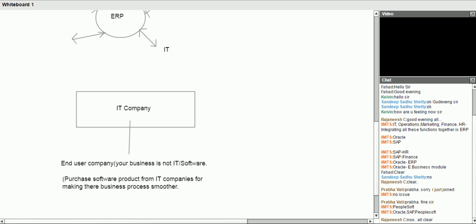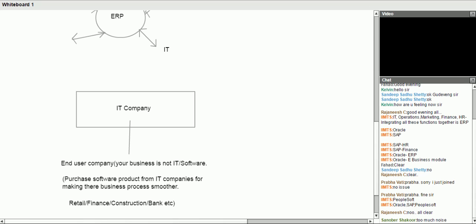So the end user may be any company. It can be a retail company, a retail chain, maybe a finance company, maybe a construction company, maybe a bank, any company.